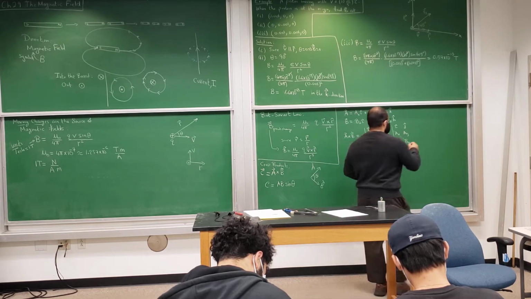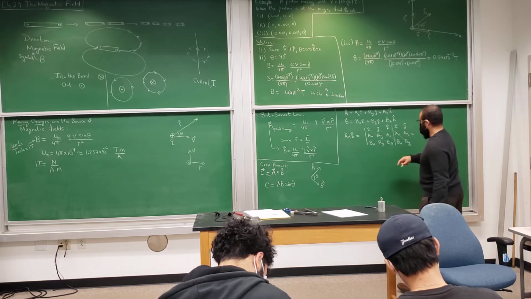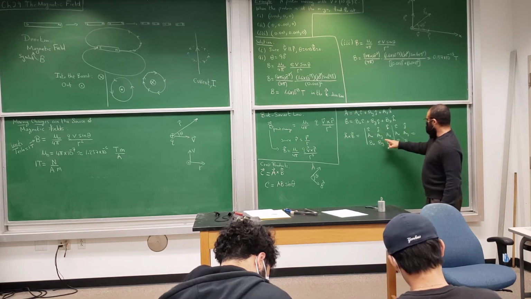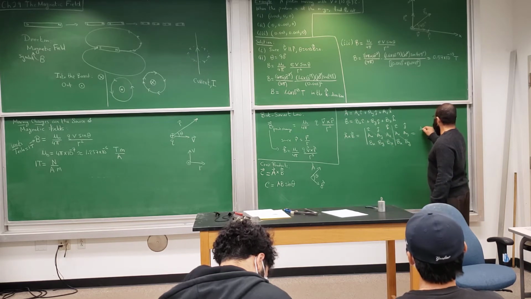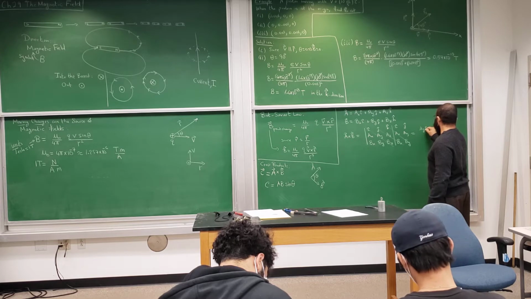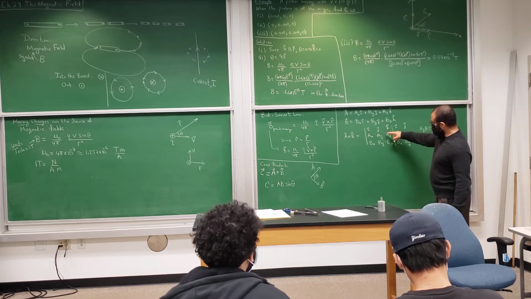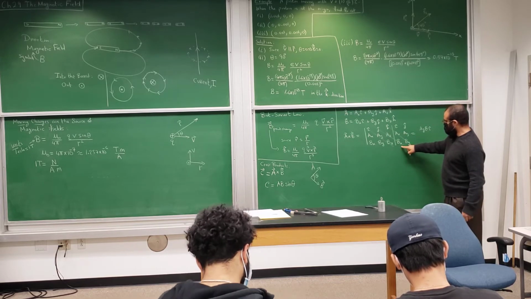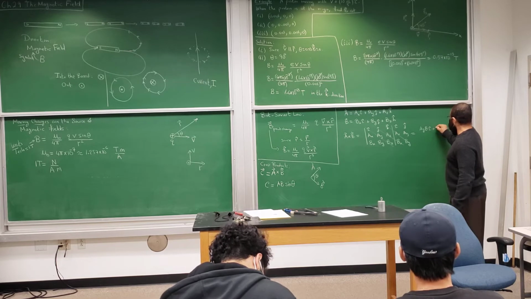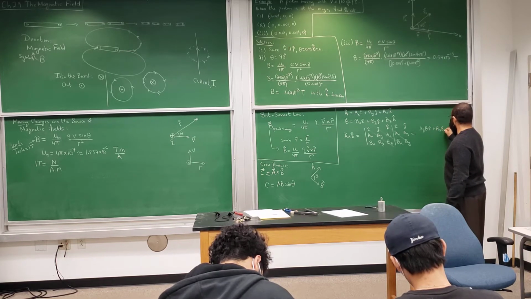So let's see what we get. We multiply that way, we will get this: i hat AY BZ, so AY BZ i hat. And then this way you get j hat times AZ BX, so plus AZ BX j hat.